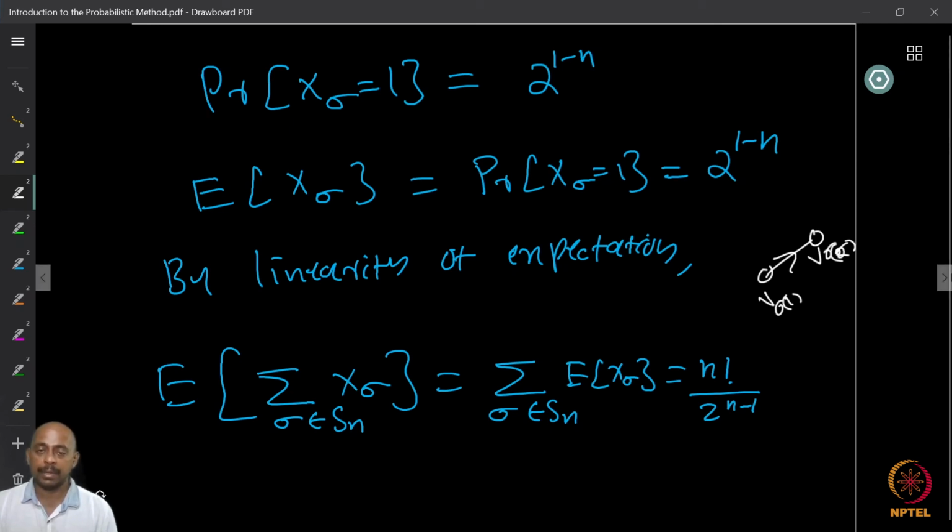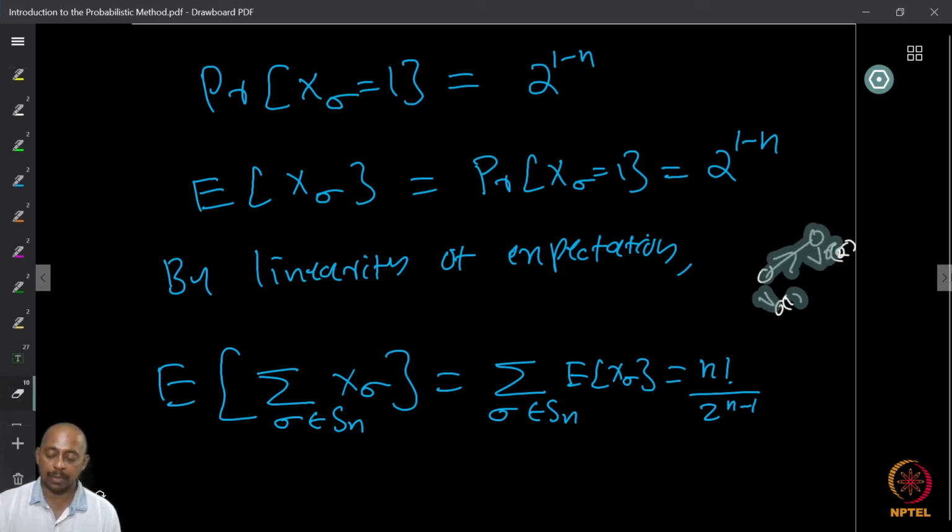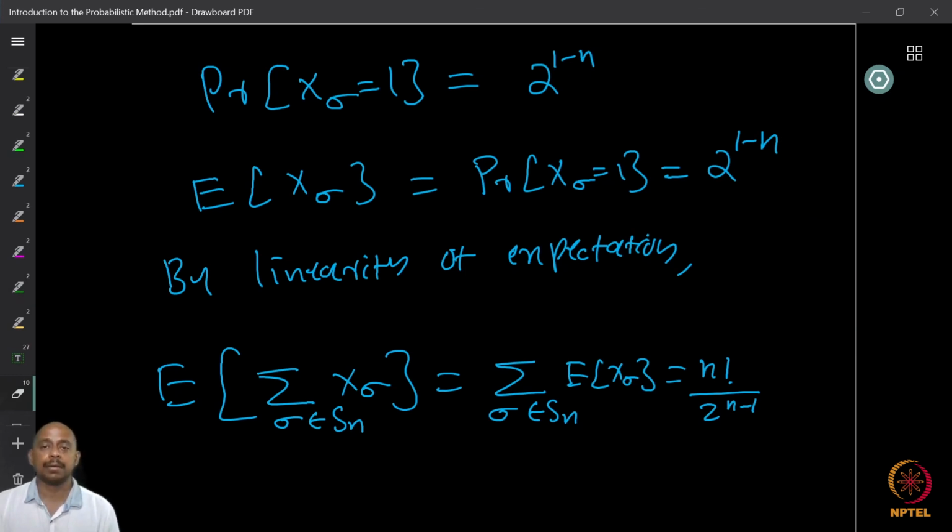So with probability 1 by 2, I have this. But this is true for every edge in the Hamiltonian path, the n vertex path, where there are n minus 1 edges: v1 to v2, v2 to v3, etc., vn minus 1 to vn. So the n minus 1 edges all must be in the correct order, and the probability that this happens is 2 raised to 1 minus n, that is, 1 by 2 whole raised to n minus 1.